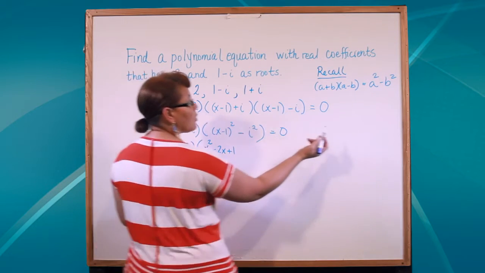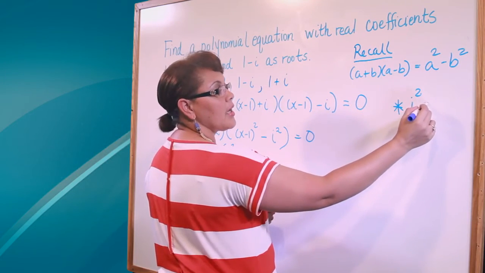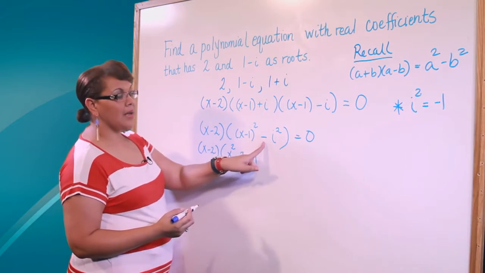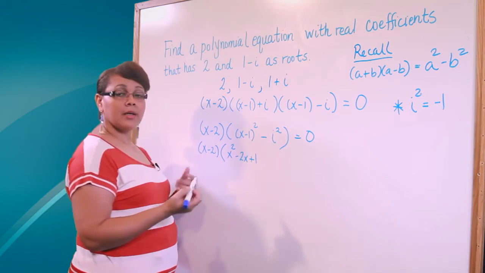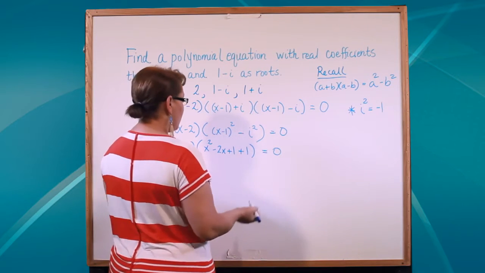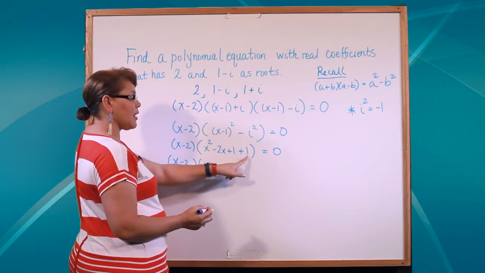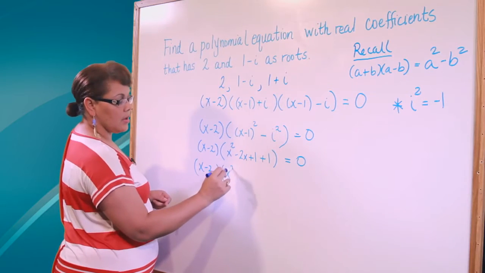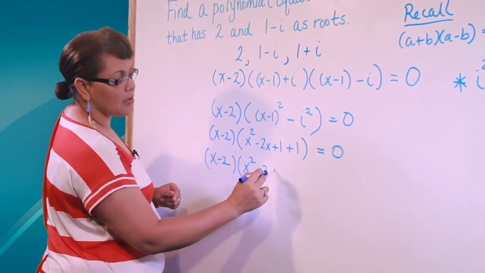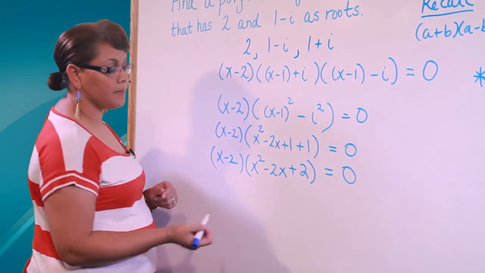And note, over here on the side, i squared equals negative 1. So a minus i squared actually becomes plus 1. So I can now simplify one more time because I see that I have like terms. And this expression simplifies to x squared minus 2x plus 2 equals 0.